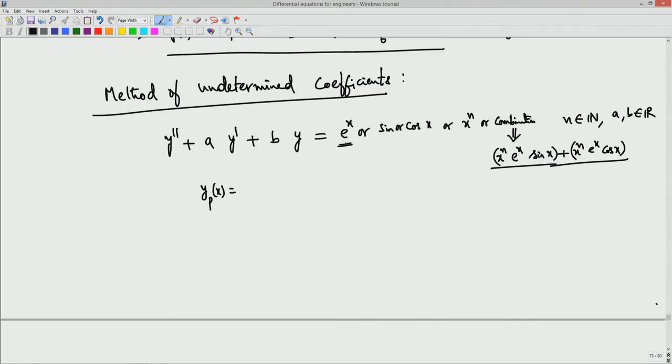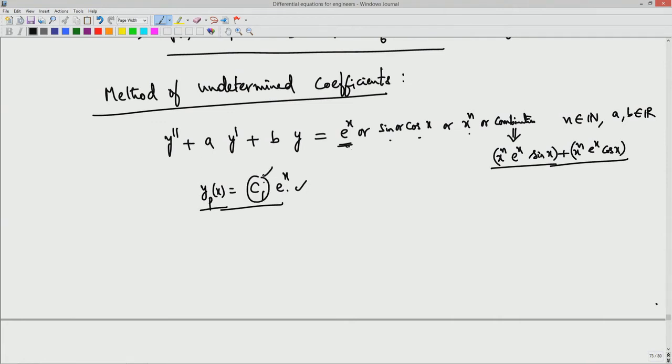Depending on whether the right hand side is exponential, sine, cosine, or a combination, for each of these right hand sides you have a certain form for y_p(x). For example, for e^x, you just look for some constant c1 times e^x. This is how you look for your solution, and then you substitute into the equation and get your c1.